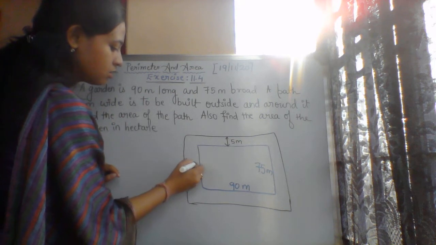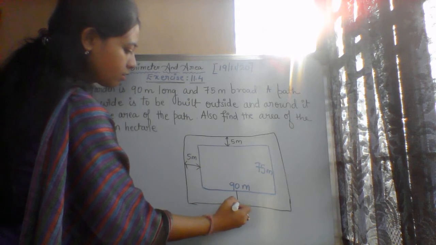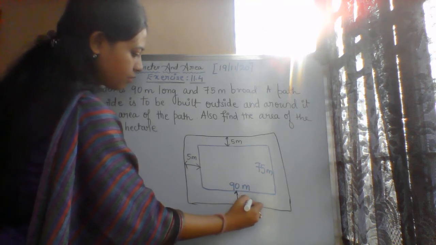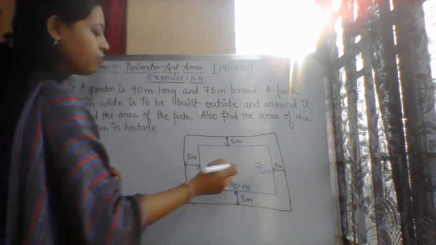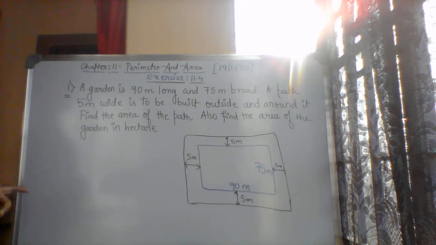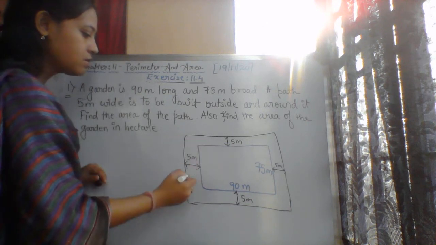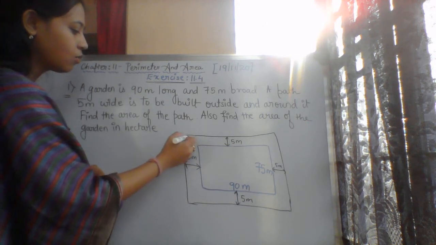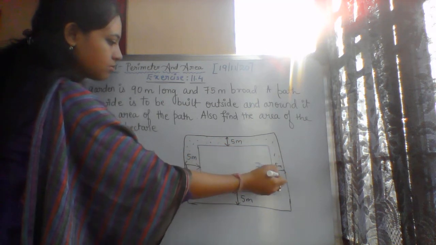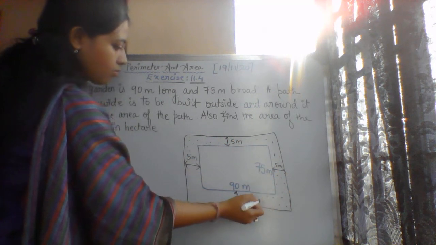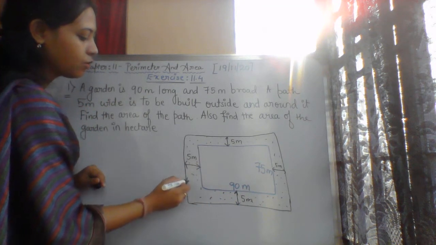So each side the width is 5 meter. Okay, now find the area of the path. What is the area of this path? How you can find out the area of this path? Area of the dotted part, how you can find out?